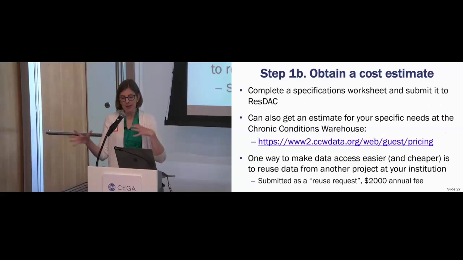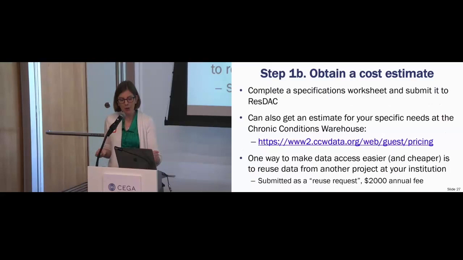To obtain a cost estimate, you complete a specifications worksheet and submit it to ResDAC. That's if you need an official cost estimate for something like an NIH grant proposal, and you need to say, okay, this is what ResDAC has told me it will cost. You can also get a ballpark estimate while you're still thinking about what you want to do.